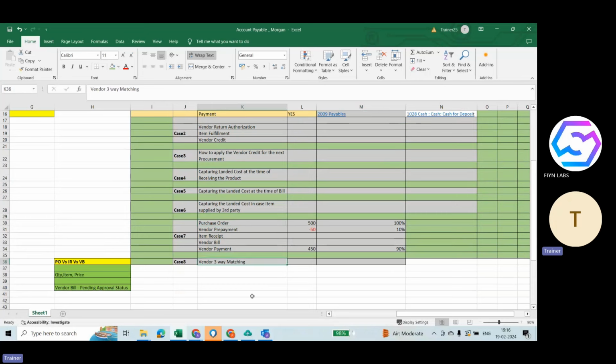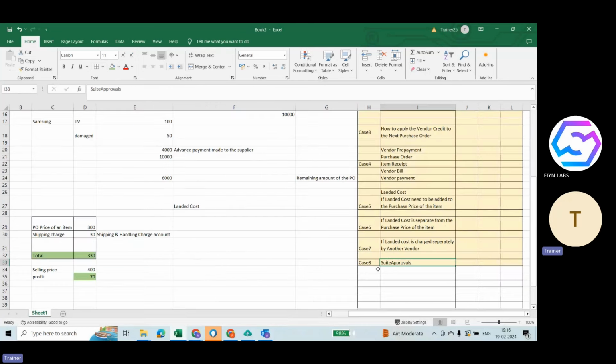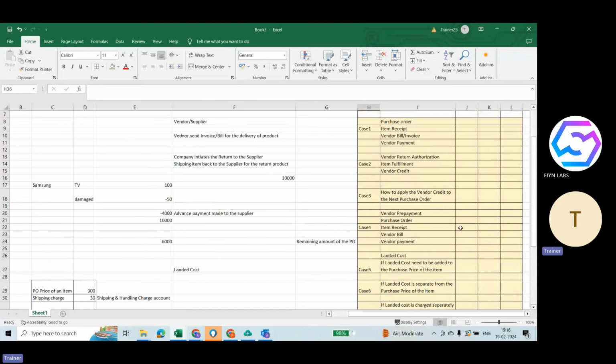I also talked about suite approval, and within that suite approval we also have vendor three-way matching. As I used to explain to my students, nowadays it is covered under suite approval itself, so I would say this is a sub-case of the approval process. Let me add that separately so that I don't forget.